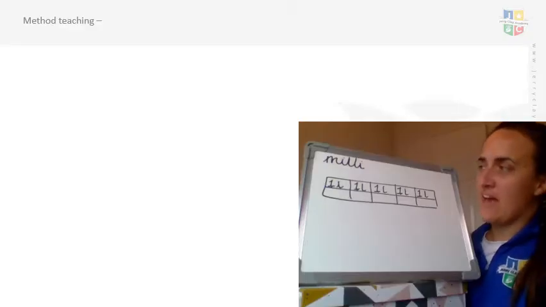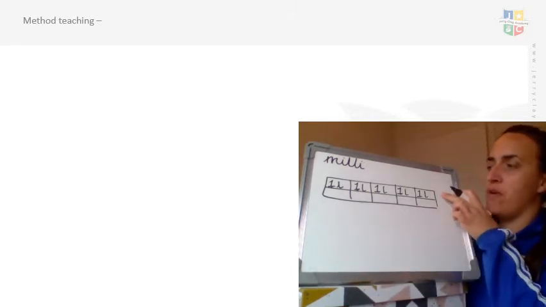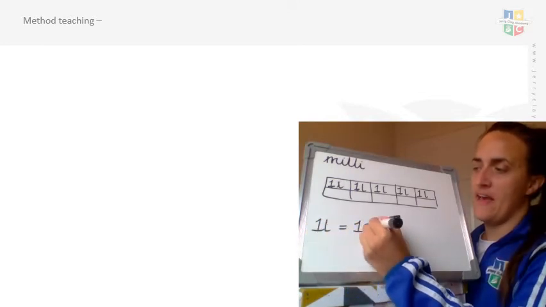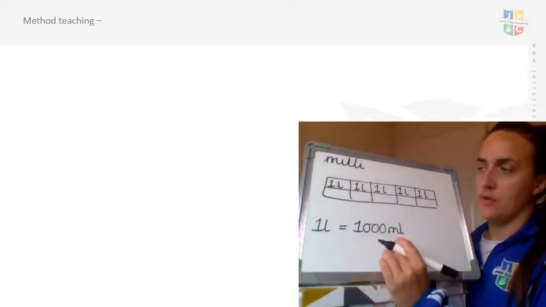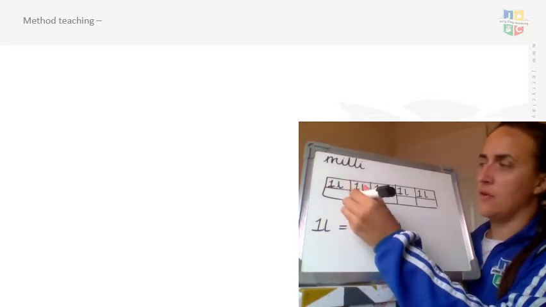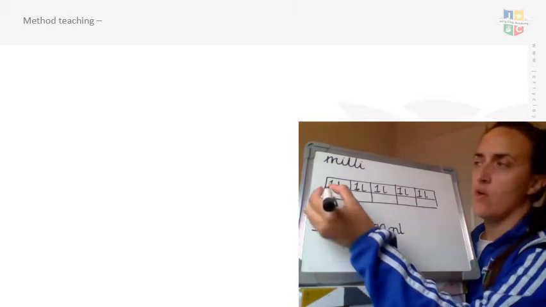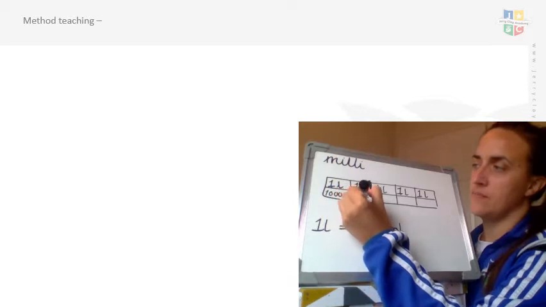Okay, so let's have a think about this bar model then. We know that in every 1 litre, we have 1,000 millilitres. So to include this in our bar model, for every litre that we have, we would write 1,000 millilitres.